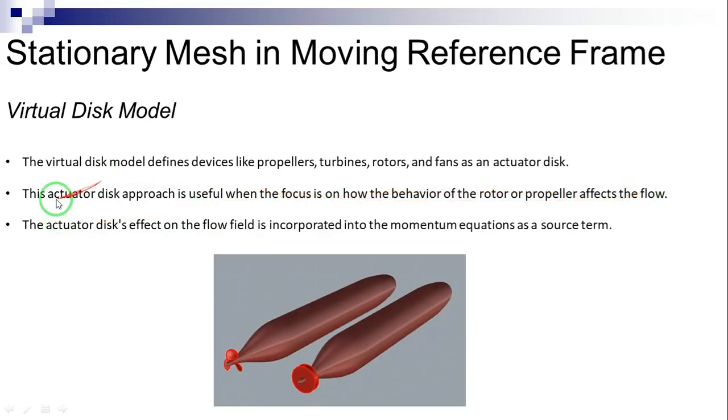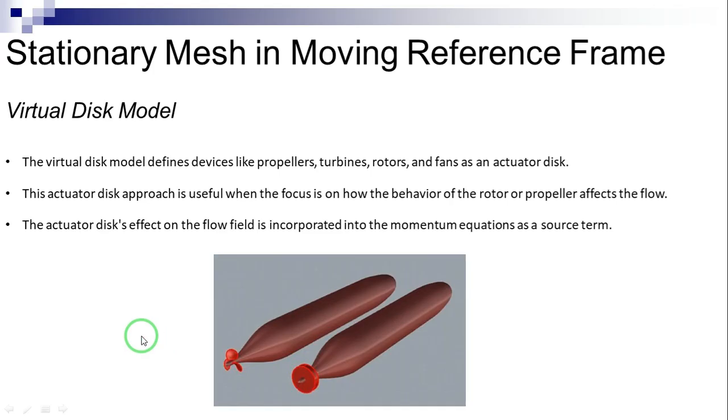The actuator disk effect on the flow field is incorporated into the momentum equations as a source term. The chosen virtual disk method provides the source term distribution in the radial direction. Conversely, a Gaussian shape function describes the distribution in the thickness direction. Here, in this figure, we can see the propeller versus a virtual disk behind a submarine.